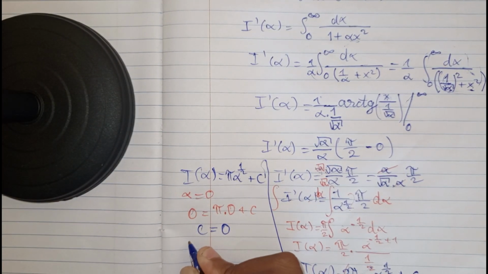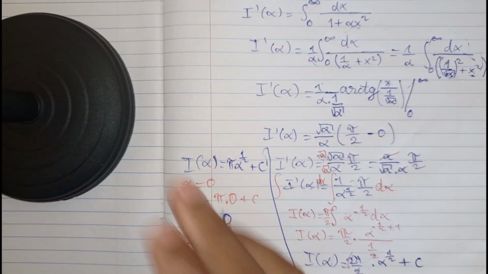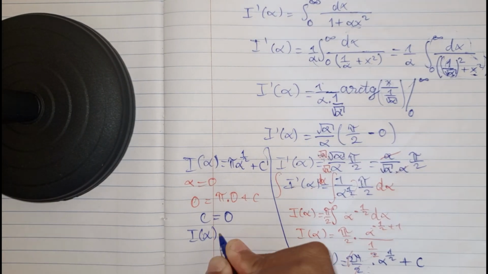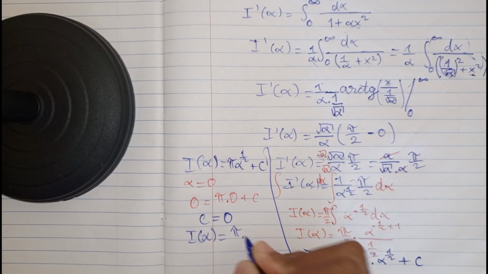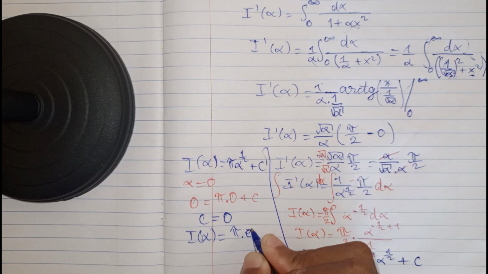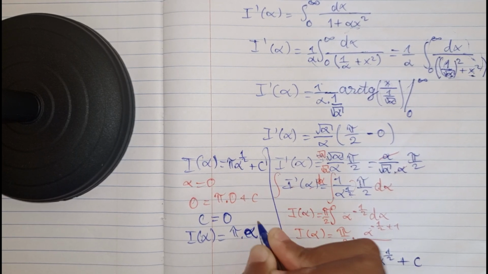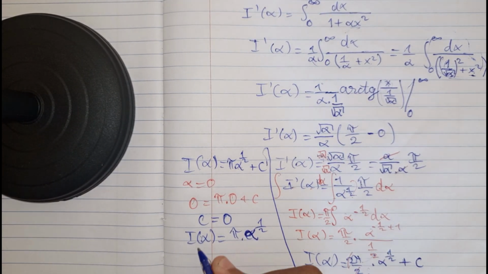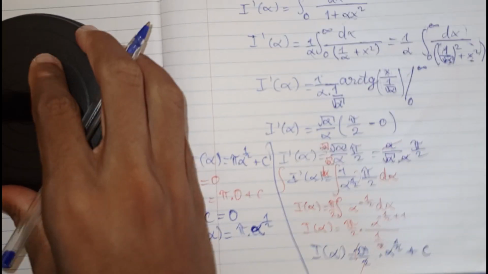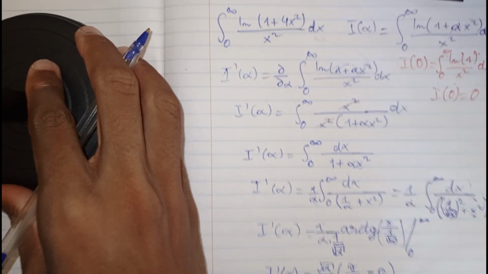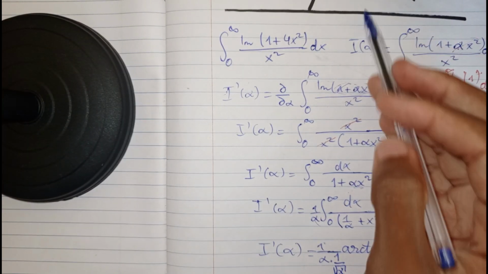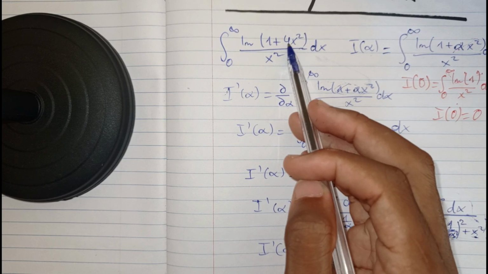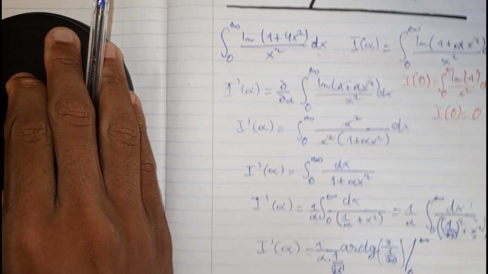So we come back to our integral: I of alpha is equal to pi times alpha to the power 1 over 2. We let alpha equal 4.